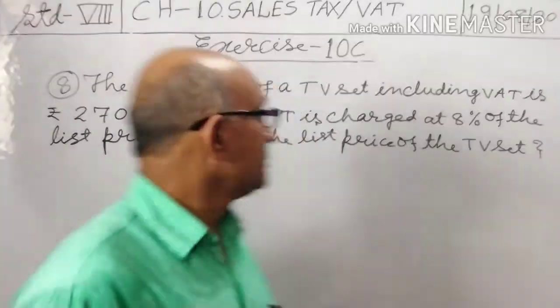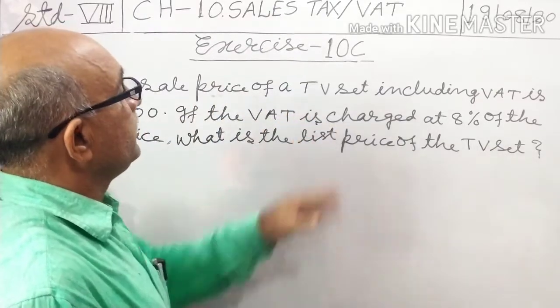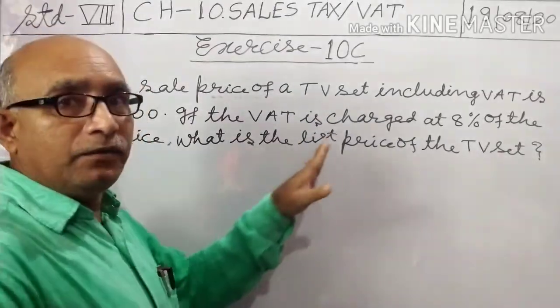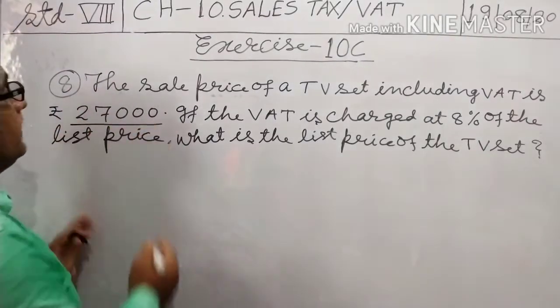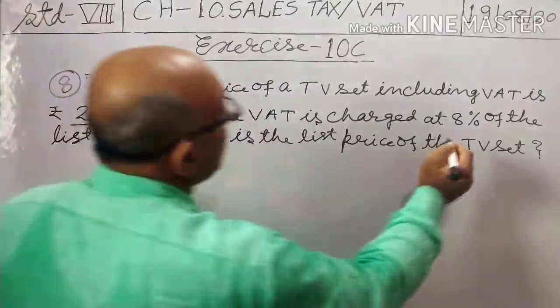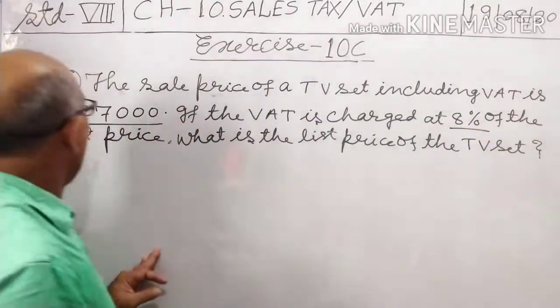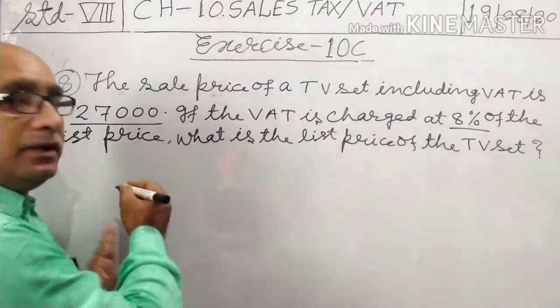Understand and write it. Question number 8. The sale price of a TV set including VAT is rupees 27,000. If the VAT is charged at 8% of the list price, what is the list price of the TV set?